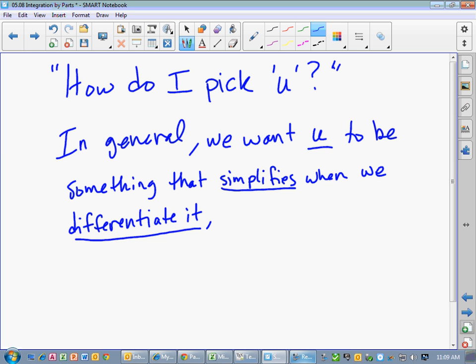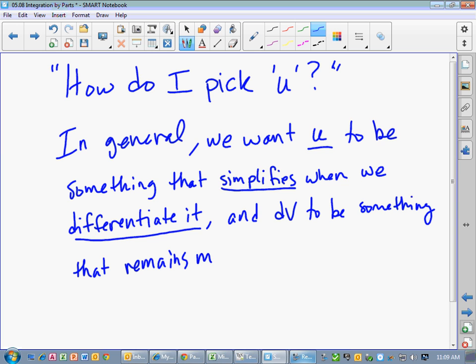Likewise, we want dv to be something that remains manageable when integrated. Okay, so we have 2 lines.